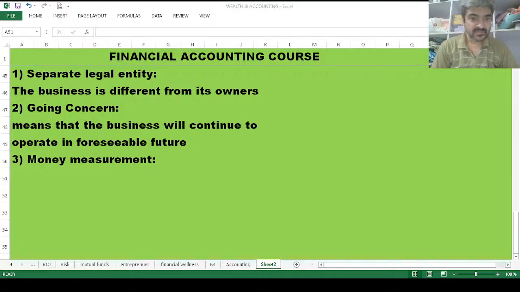Money measurement concept. In financial accounting, a record is made only of information that can be expressed in monetary terms. In other words, no accounting is possible for an event or transaction which is not measurable in terms of money.